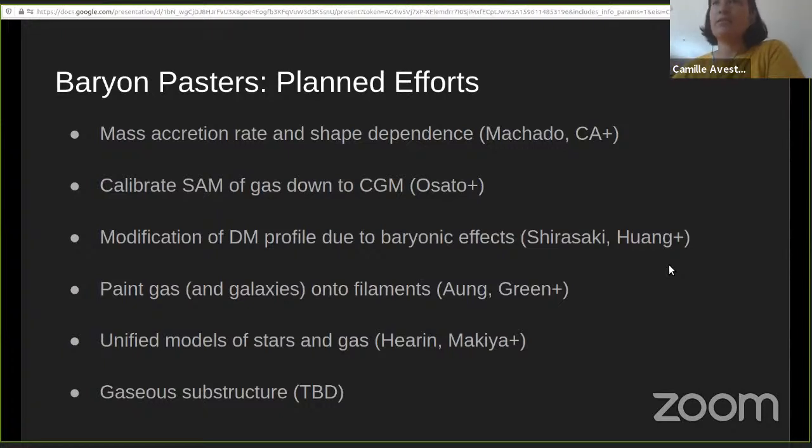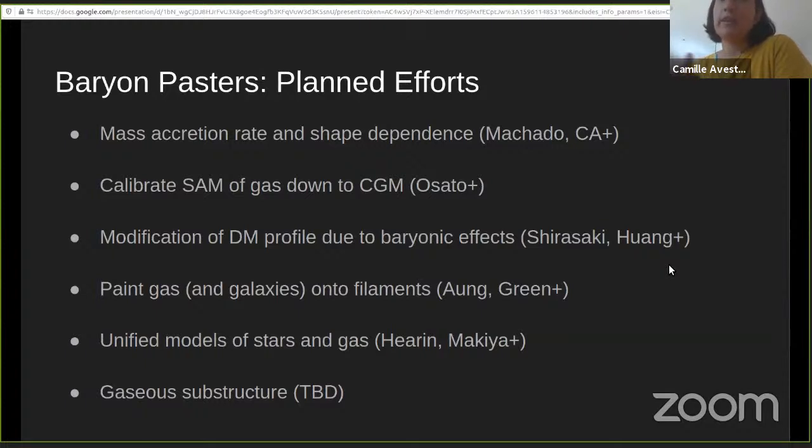I'm still on the mass accretion rate horse, and I have a post-baccalaureate student, Luis Machado, who's working with me on modeling, predicting the shape as a function of radius, given a bunch of other properties that you might be able to more easily get. So he's using some machine learning techniques in order to do that.